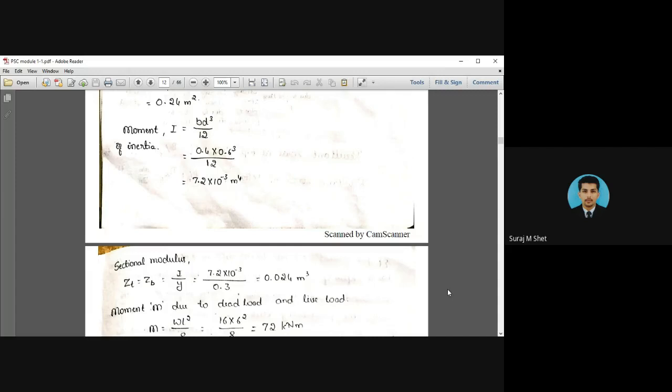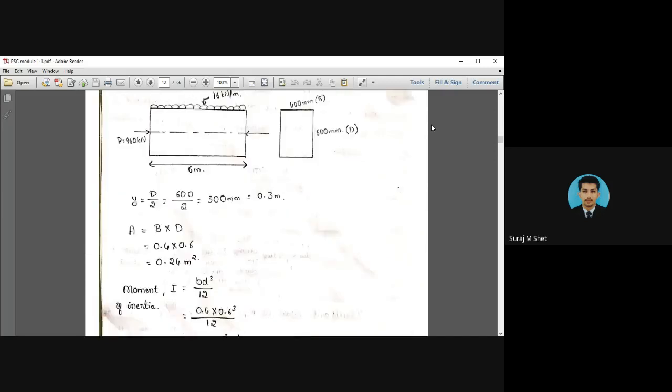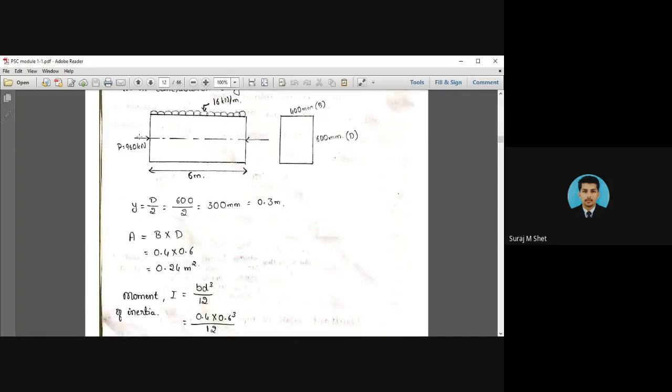Then section modulus. What do you mean by section modulus? Section modulus is nothing but the moment of inertia that you calculated, divided by y, which indicates the center. So in this problem, the load is at the center. See here, in this problem, the load is at the center. That's why yt and yb are the same. The load is acting at the center of the rectangular section.